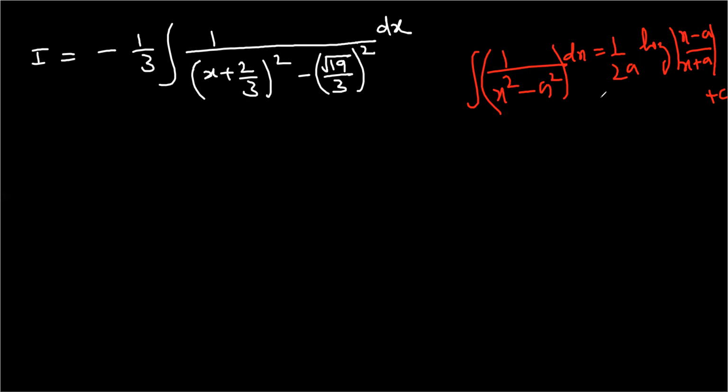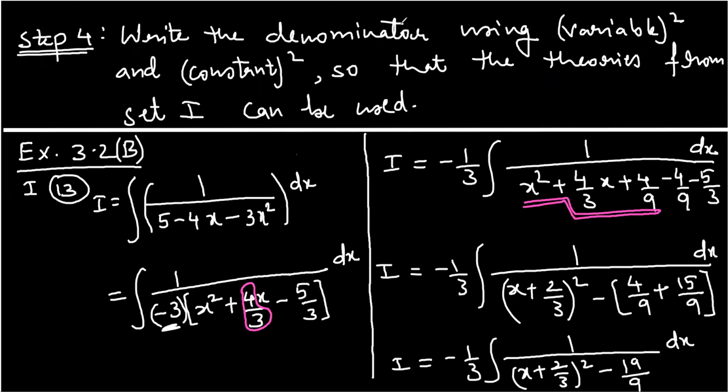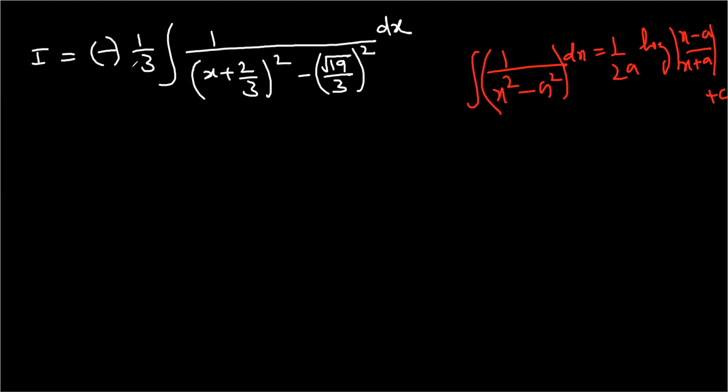I will apply this here. But there is one more thing, students, you can think of. Outside you have a negative sign. Since we had taken negative 3 out as common, because of this negative 3 outside, this negative sign is being taken outside the integral.